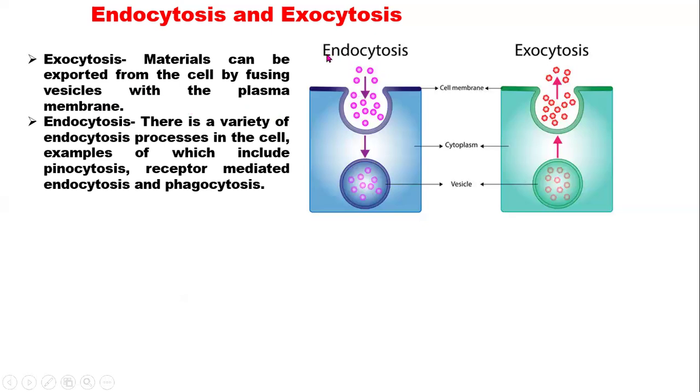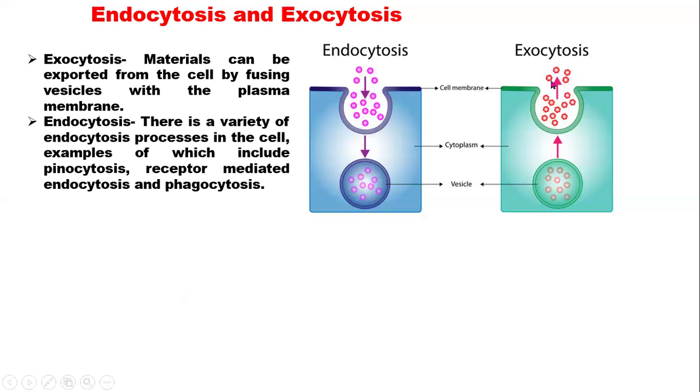So this is an example of exocytosis. This vesicle is transporting, exporting materials outside of the cell. This is the cell membrane. Now this vesicle comes and fuses to the cell membrane, causing the cell membrane to deform, the shape will change, so that it can empty its content outside the cell.